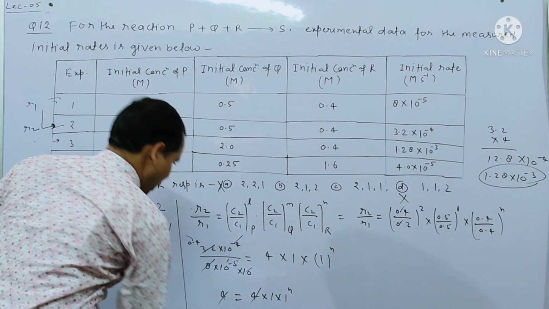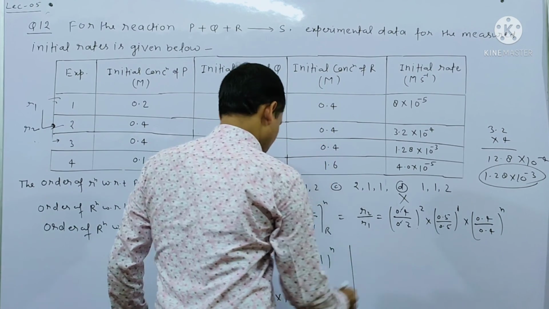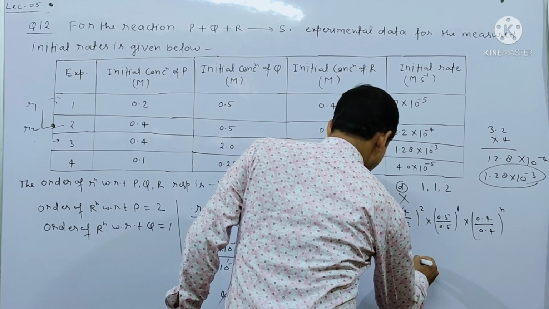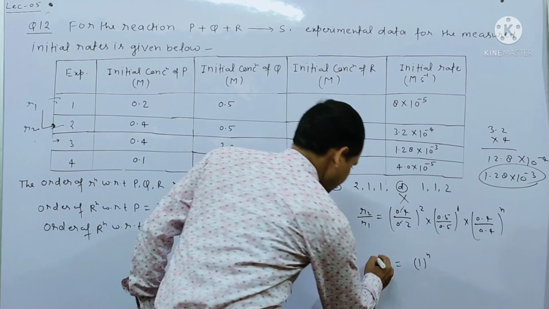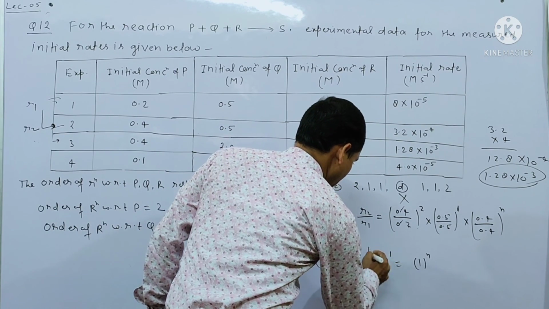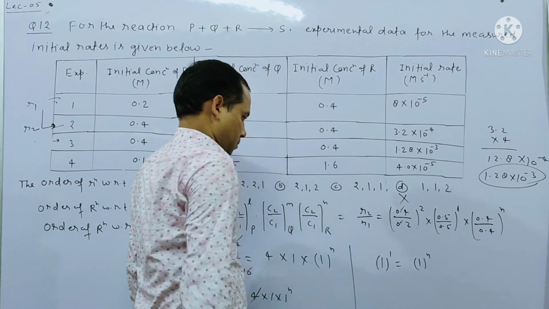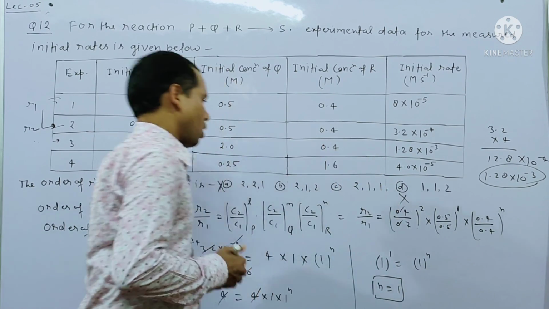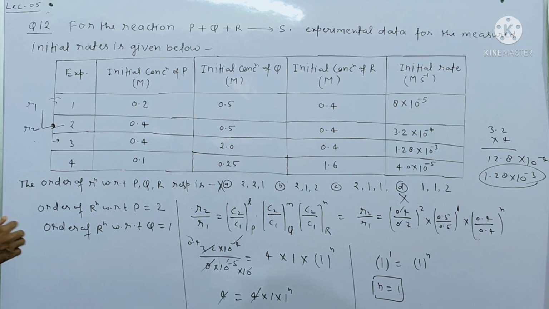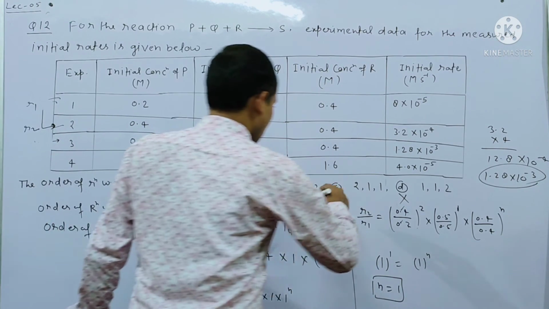The 4s cancel out, leaving 1 equal to 1 to the power n. So we can take 1 to the power 1, and then n equals 1. Hence the correct option is C.